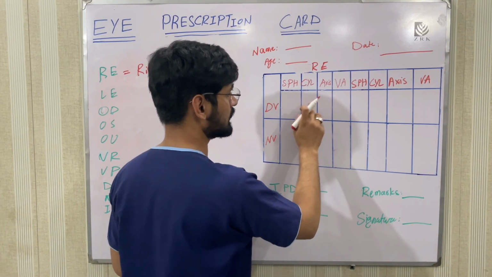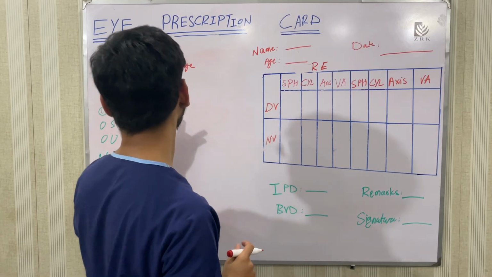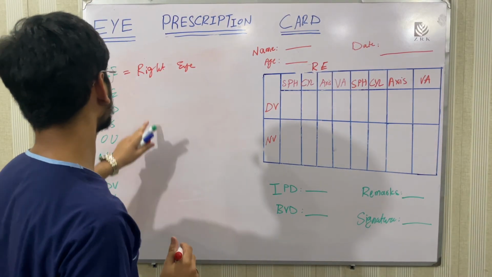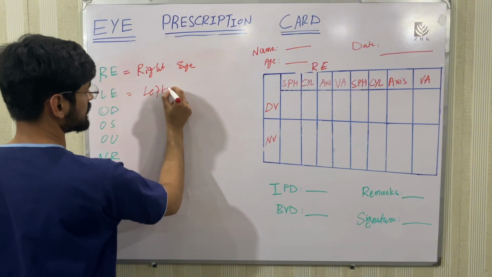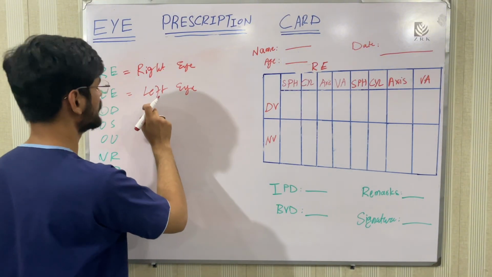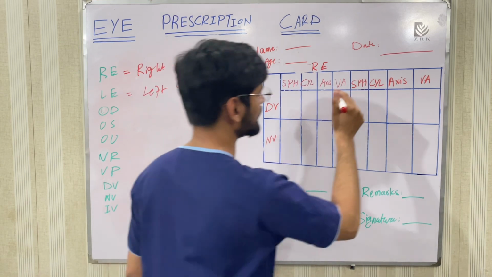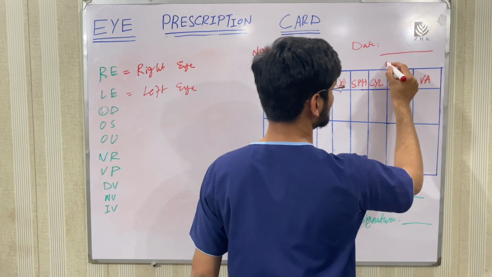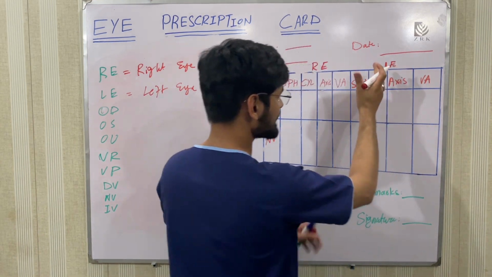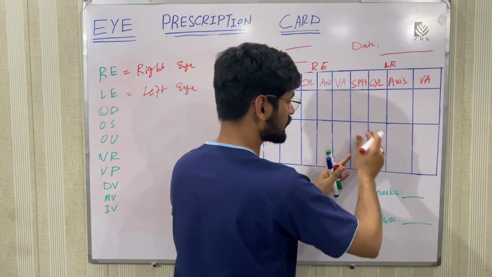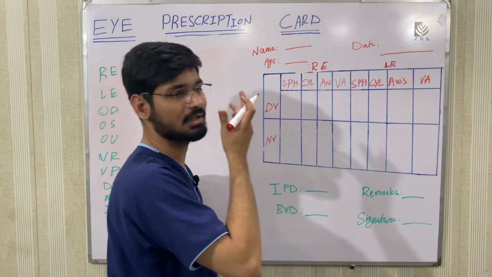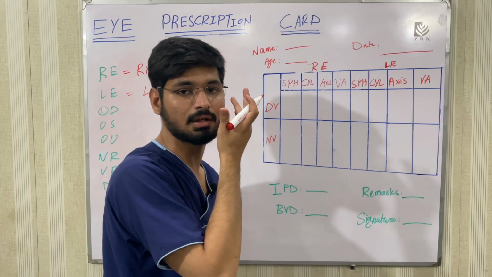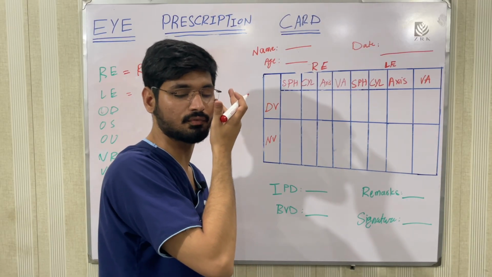Now come to the next. LE means left eye. So where can we write it? We can write at this point. These are the columns, or these are the rows, where we can write the left eye number, or the refractive status of the left eye.